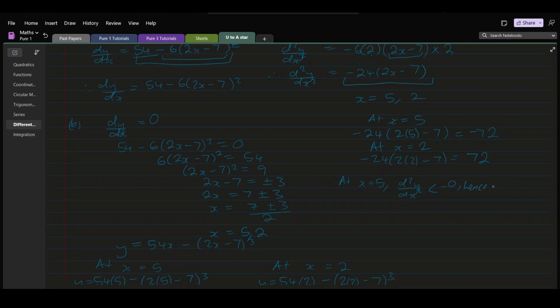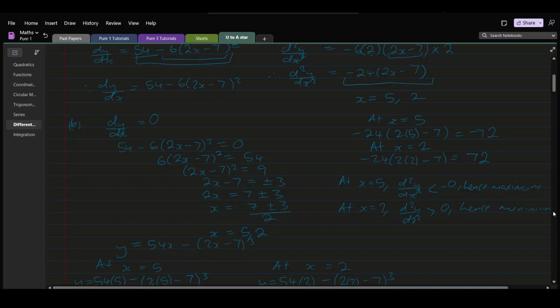Hence, this is a maximum point. Then at x is equal to 2, our second derivative, d squared y dx squared, is greater than 0. Hence, minimum point. And this would be our final answer.